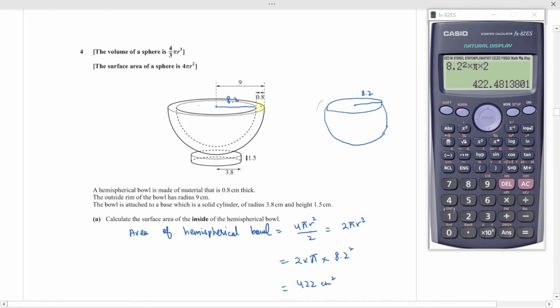Let me just point back to this diagram. So you have the outer sphere which has radius 9. If you calculate the volume of this outer hemisphere, the big hemisphere, and then subtract the volume of this inner hemisphere, then you will be left with only the volume of material used in this strip of the bowl and all the way down as well.